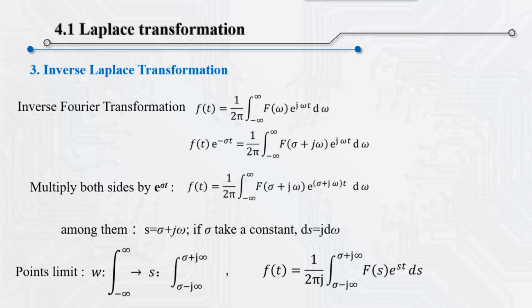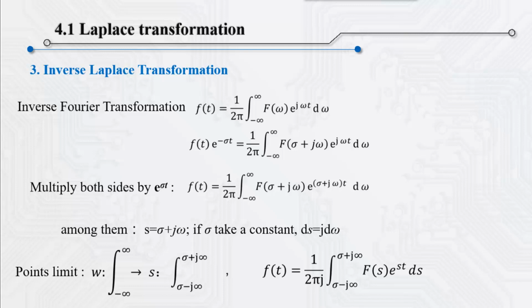That is, the inverse Fourier transformation gives f(t) times e to the power of negative delta t equals 1 over 2π times the integral from negative infinity to positive infinity of F(delta plus jω) multiplied by e to the power of jωt.